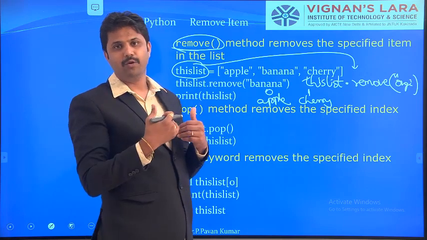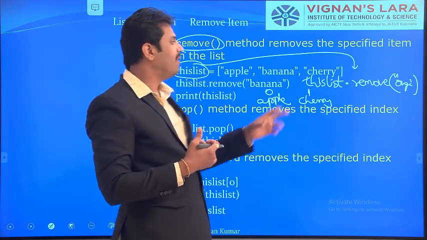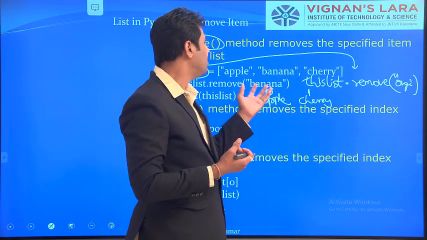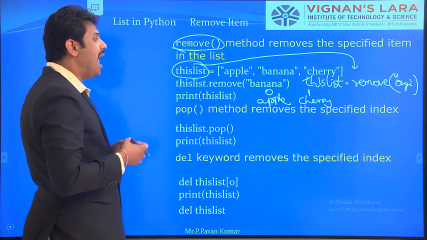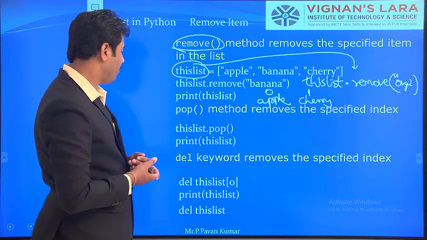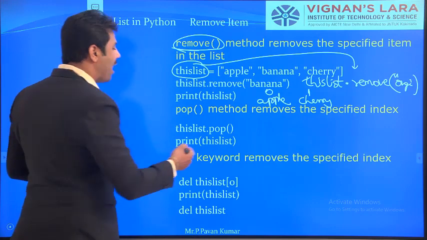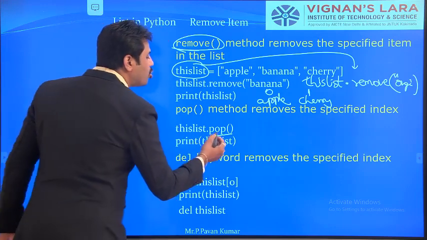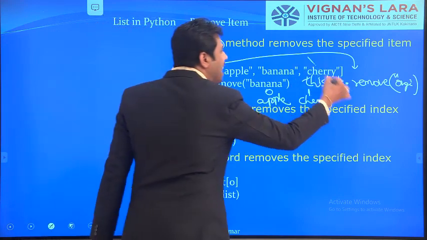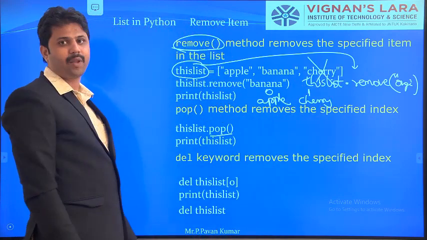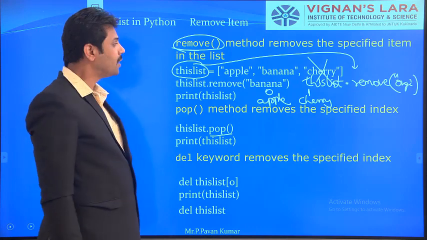You know that value, you know the element name, that means orange or banana or cherry, whatever you want. If you want to remove the last element, you will have to use pop. This list dot pop. If you use it like this, it removes the last value in the given list.